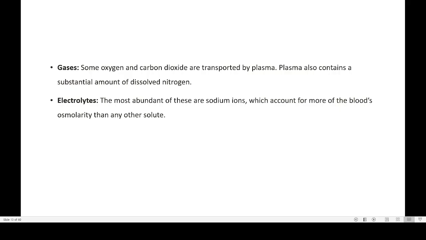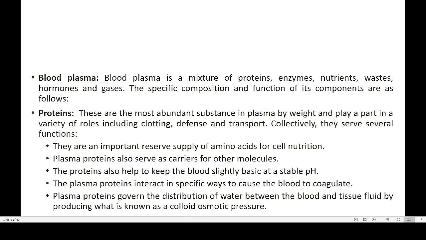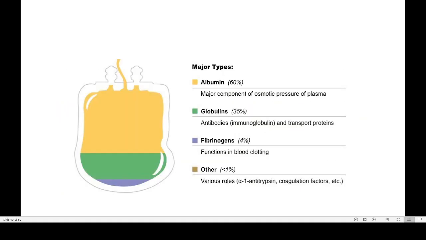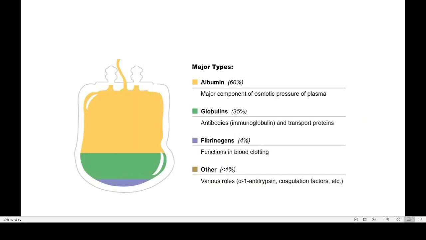Then electrolytes, mainly sodium ions and potassium ions, can also be present in the plasma. So there are a lot of substances. Blood plasma contains proteins. Proteins are of three different types: albumin, globulin, fibrinogen, and other proteins.